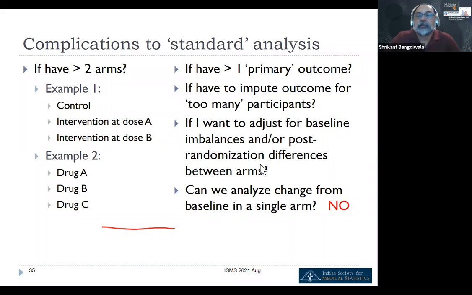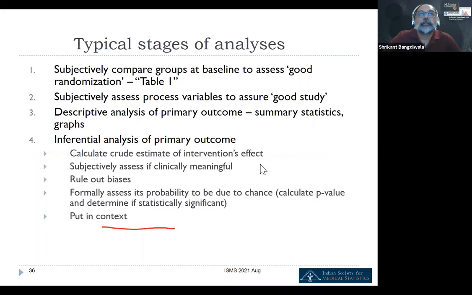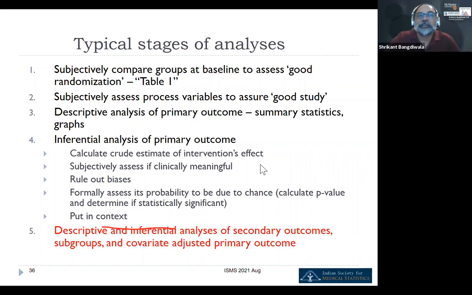Okay. Now, recall that I talked about the typical stages of analysis, and I did not mention one of those, which is that we do the secondary analysis, right? So I've talked about the typical stages of analysis for the primary, but then we also have secondary outcomes, subgroups, and covariate adjusted primary outcomes.